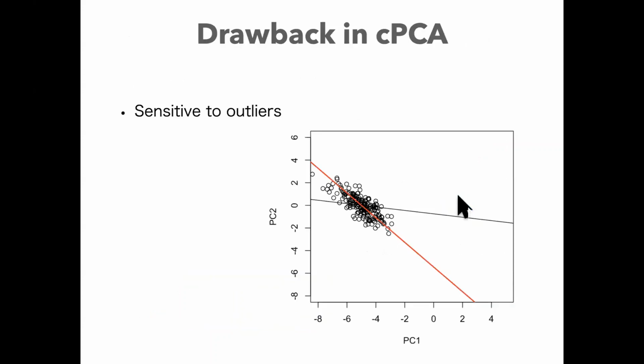PCA is very important and widely used, but it is notoriously sensitive to outliers. The red line here is the principal component, and with only a small amount of outliers like this, it can significantly deviate from the true direction.